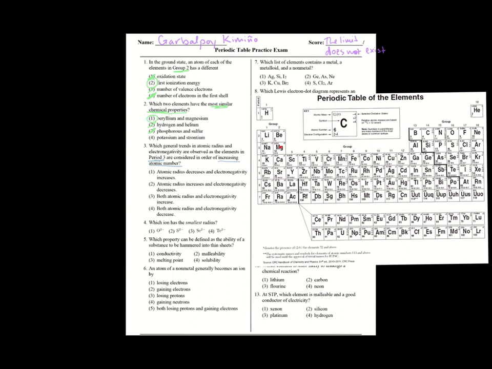So going across a period, we start off with our largest atomic radius, and it goes down till it reaches argon with the smallest atomic radius in that period. So it goes down. Atomic radius decreases going across the period. So we could cross off choice 2 and choice 3, because atomic radius should decrease.